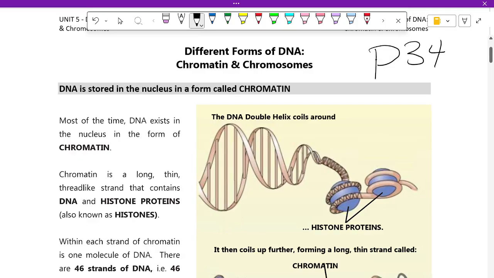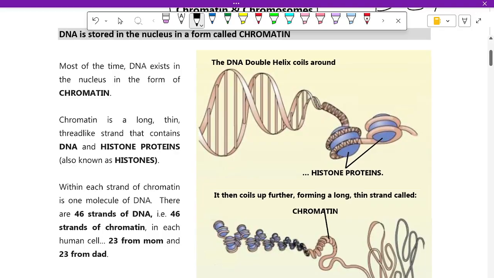So this is all about different types of chromatin and chromosomes. So DNA is that double helix shape. And then what does it do? It coils around, what do we call those little things?